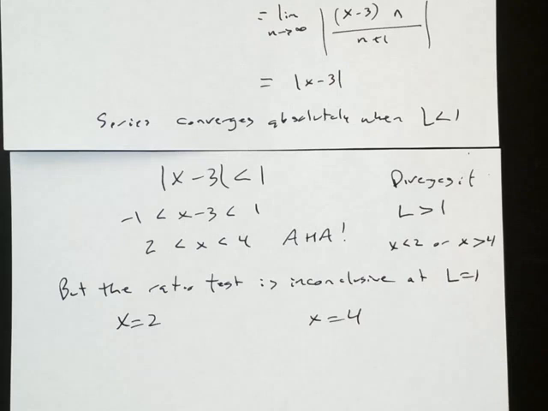So I don't know what's actually happening for those two numbers. So what do I do? I don't run screaming for the hills. I say, no, I can figure this out. Let's actually go to the original version of the series and plug those numbers in for x.